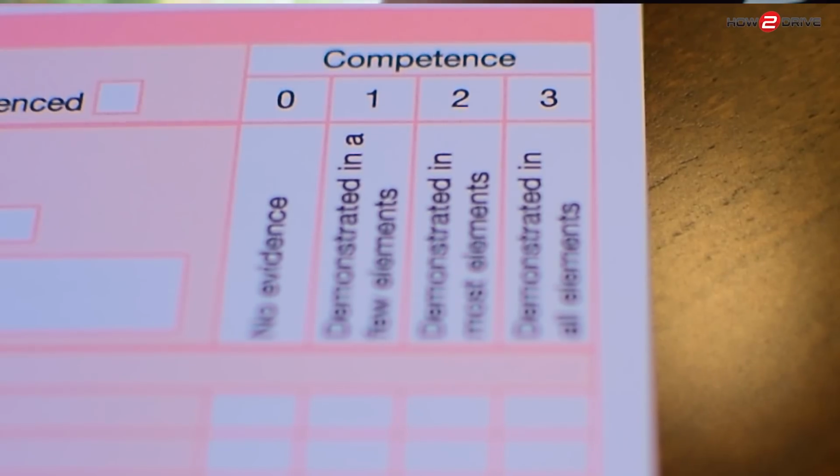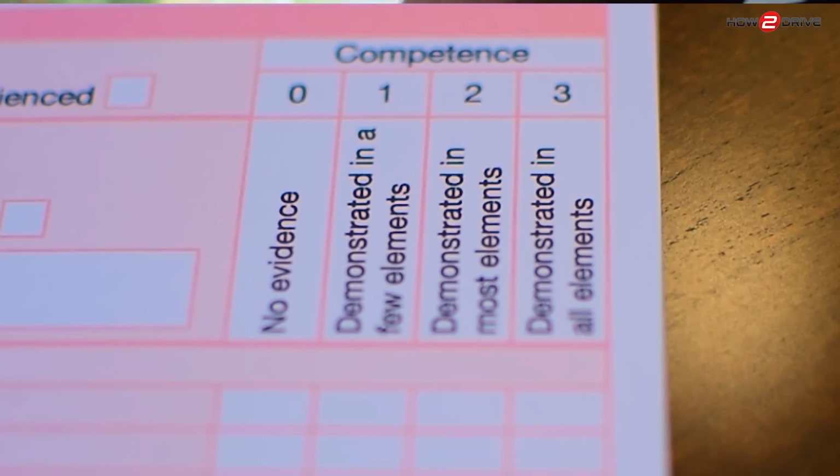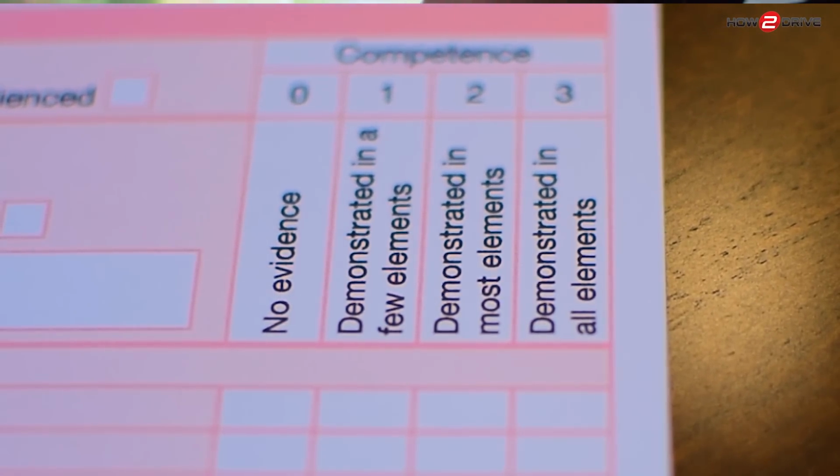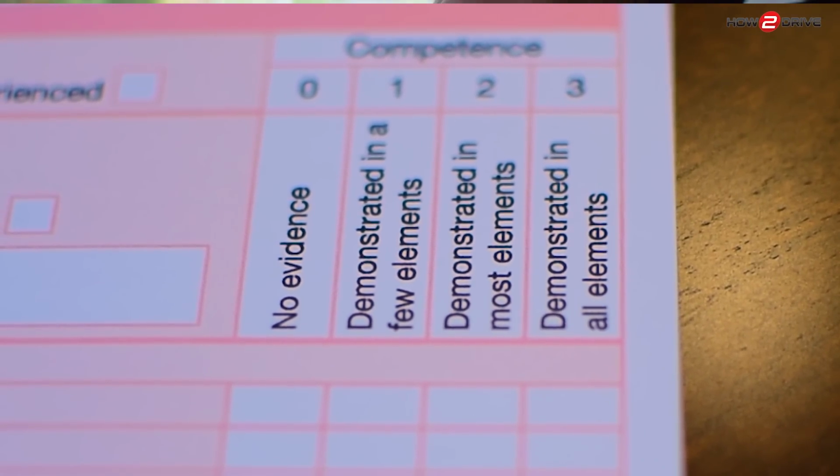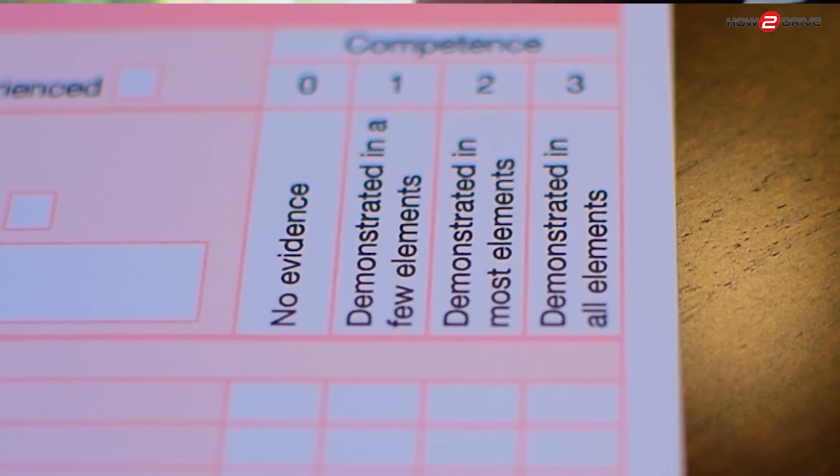If you get a 1, they've observed a few elements of that competency. And number 2, you've demonstrated it mostly, but not always. So mostly in that category, you will get a 2. And if you demonstrate that competency in all elements, then you will get a 3.